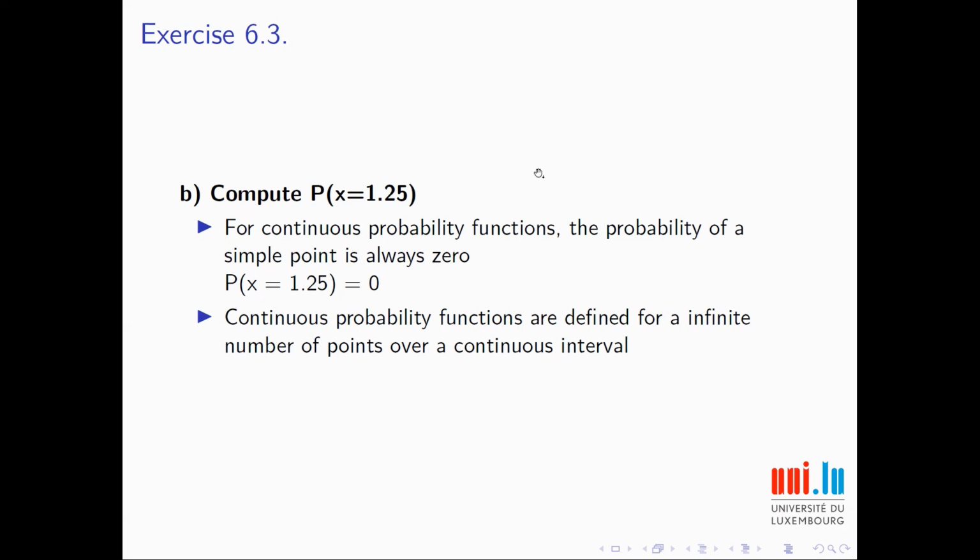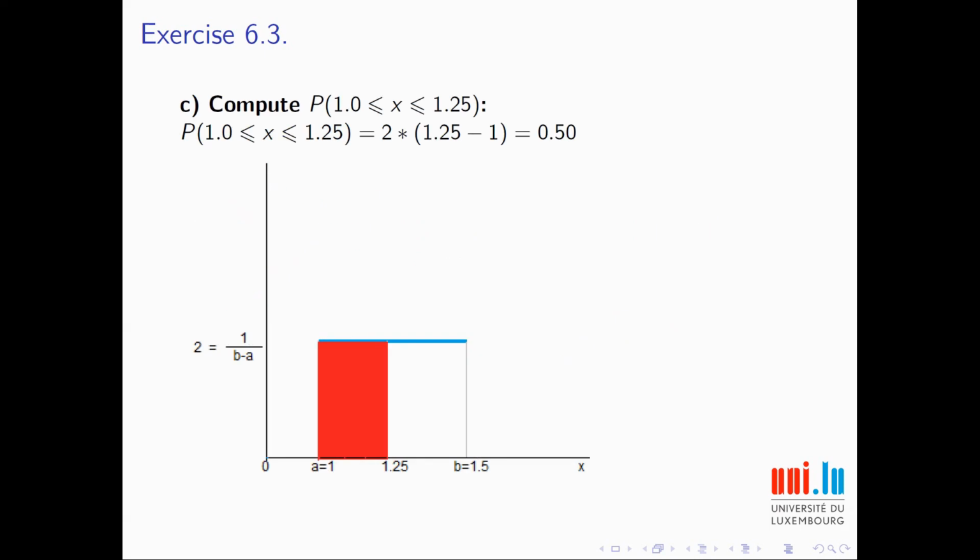Okay, so let's go to the next point. Here you have to compute the probability that our random variable lies between 1 and 1.25. As I told you, you have to calculate the area under the curve of our probability distribution, the red rectangle.